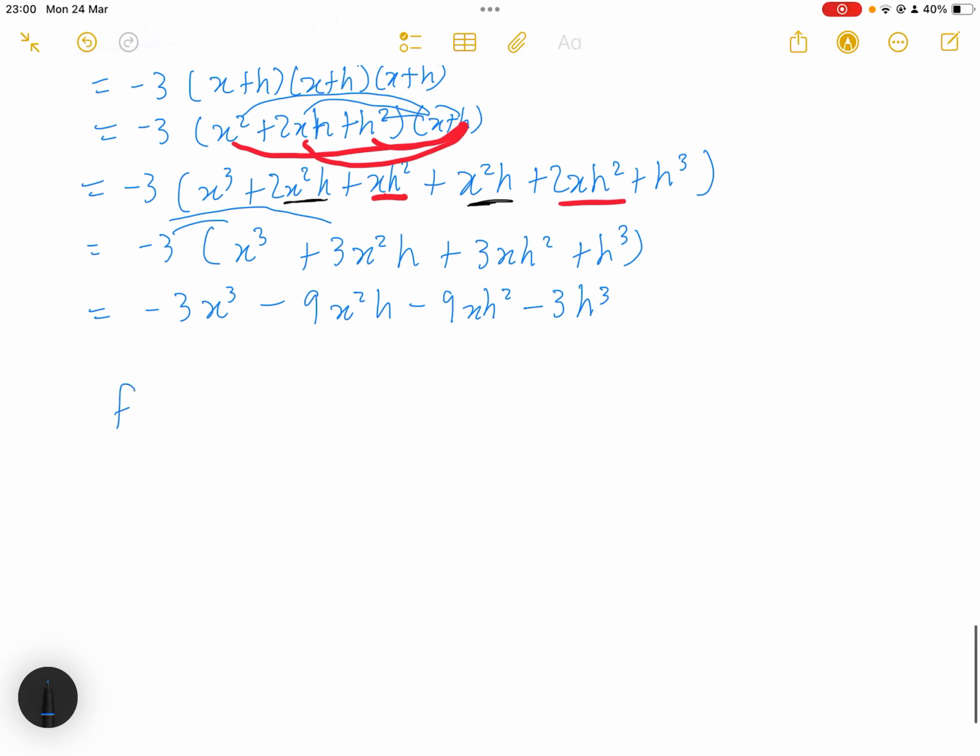So when you are using the formula, f prime of x equals the limit as h tends to 0 of f(x plus h) minus f(x) all over h.